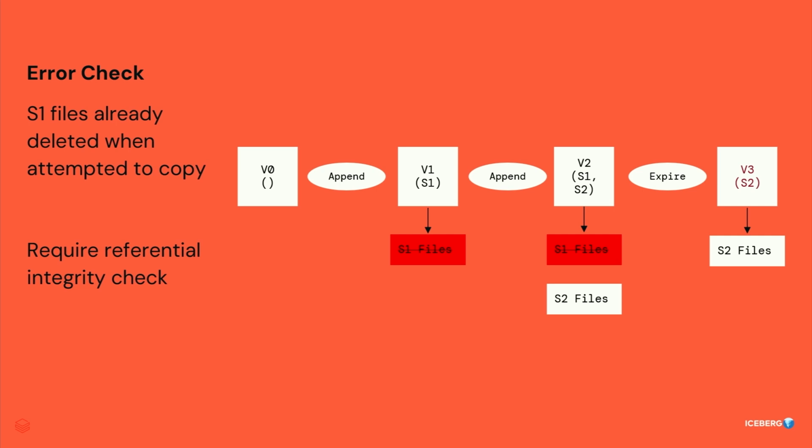And this can be a problem for table replication. The first problem is, what if when we try to rewrite the metadata, the files are already being deleted? This will incur some runtime exception when we try to rewrite the metadata files. The second part is, what if the rewrite succeeds, but when we try to copy them over using DCP, the files are already being deleted?